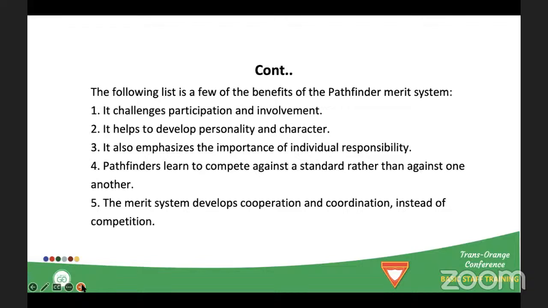So it doesn't matter if you are giving an award for punctuality. If there are 3 of them who were punctual, recognize them. If most of them are neat, recognize their neatness. If they are well behaved, recognize their good behavior, because it's not competing against one another, but against a standard. Next slide, please.